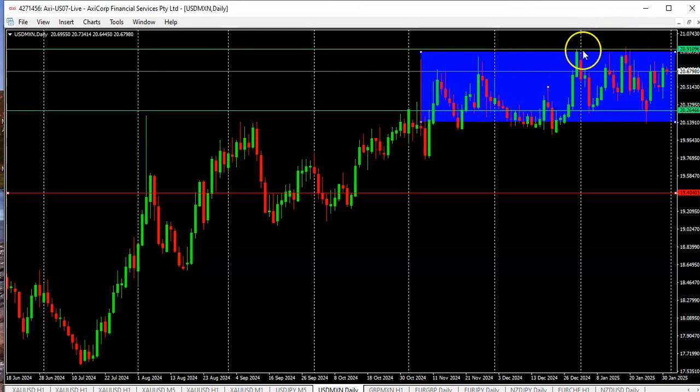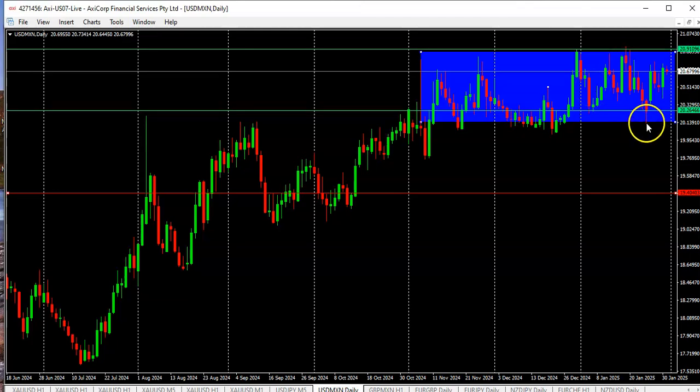This is an area of consolidation. You see now there's a struggle between buyers and sellers. Buyers want to push the market up. Sellers want to push the market down. This is normal, guys. Buyers and sellers struggling for supremacy in the market.